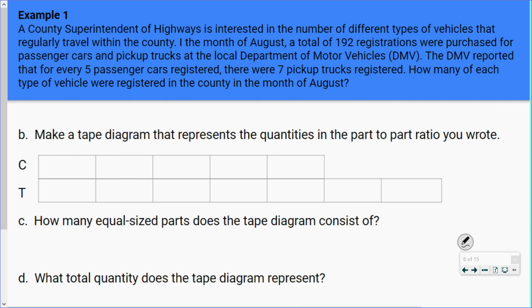All right, part C. Looking at the tape diagram, how many equal-sized parts does the tape diagram consist of? If you're looking at a tape diagram, how many blocks does it consist of?